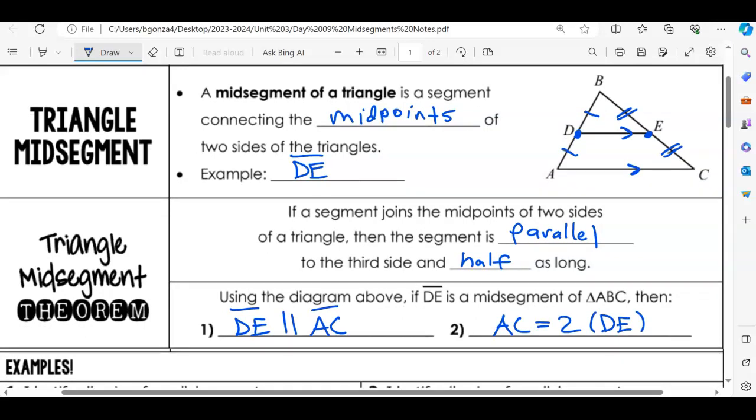The way we say that is the outside equals 2 times the inside. Outside equals 2 times the inside. Okay.